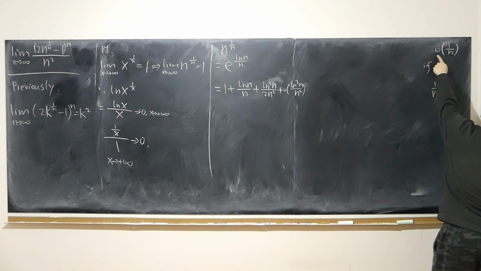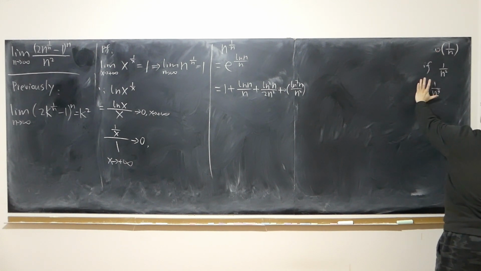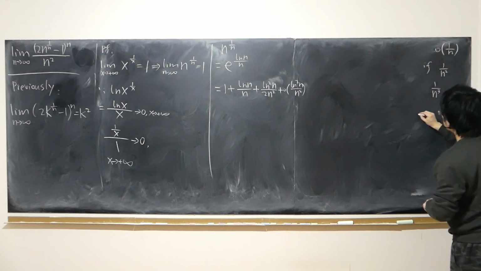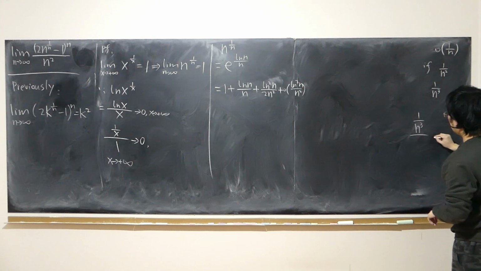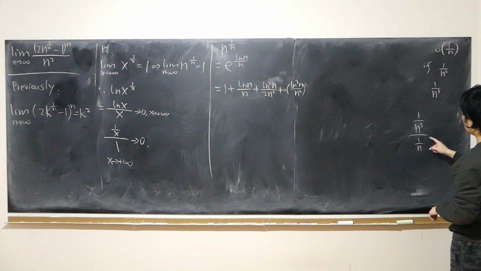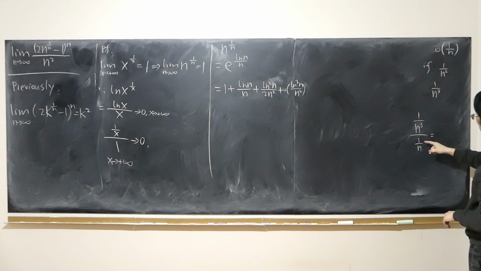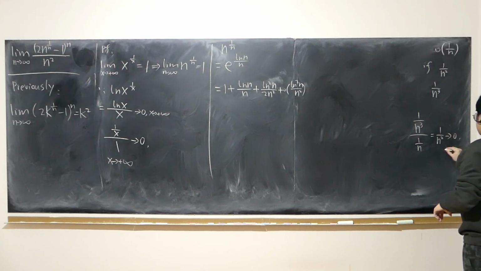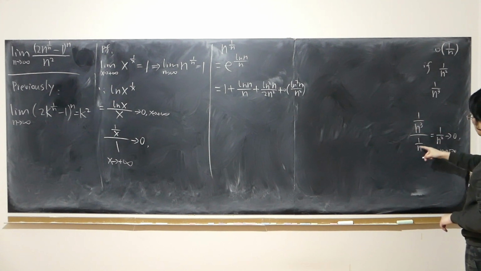So little o can be roughly viewed as a sequence approaching 0. It doesn't have to be unique. Or, to put it in other words, if this thing, after being divided by 1 over n, still approaches 0, then we can call this thing little o of 1 over n, meaning it's approaching 0 faster.